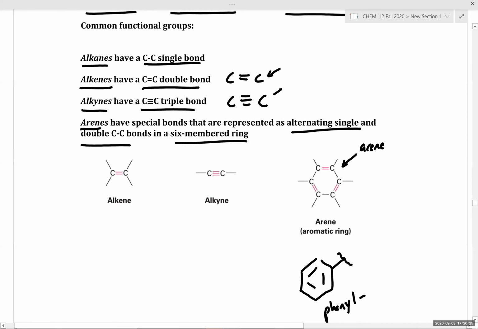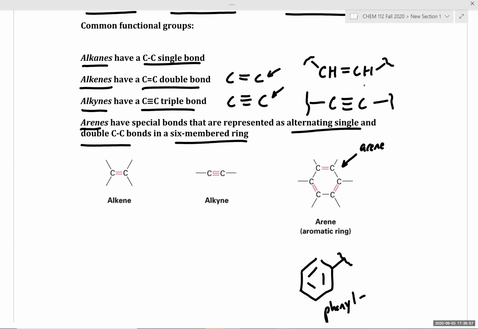In condensed formulas, you will see explicitly the double and triple bonds drawn. Another signpost you're dealing with an alkene is you see a CH double bond CH functionality. Alkynes are indicated by the fact you have 2 adjacent carbons with no hydrogens attached.